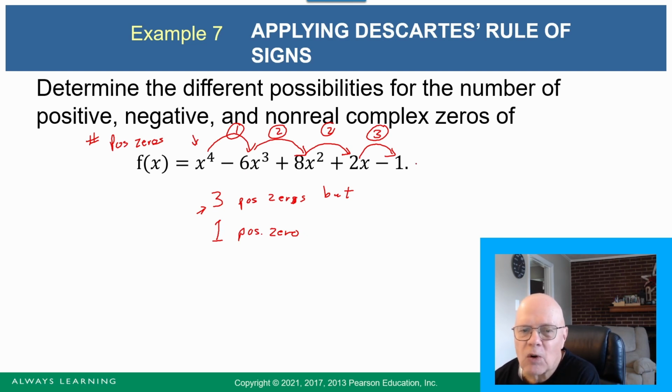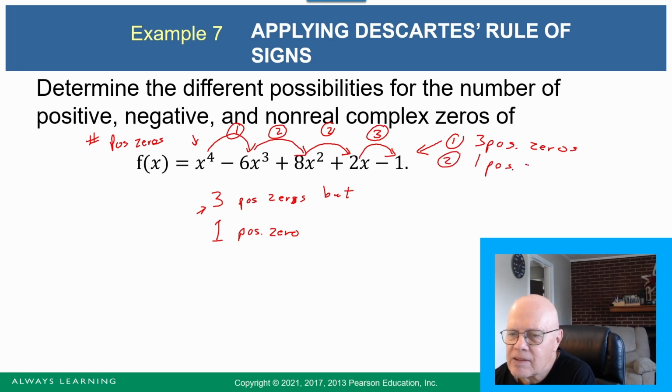So what we know now is in this polynomial, we either have 3 positive zeros, or we might have 1 positive zero. Now, if you look back here for just a moment, it's a 4th degree polynomial.